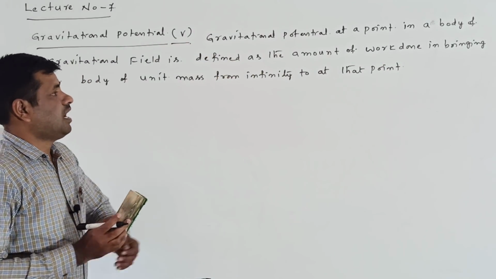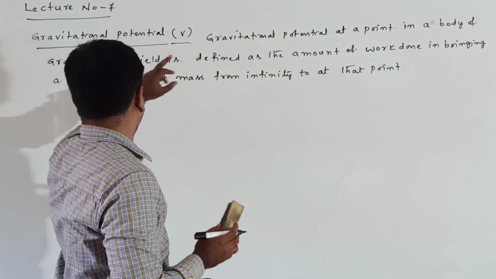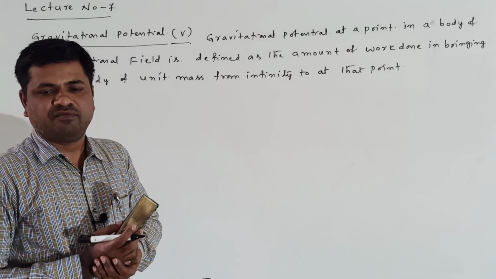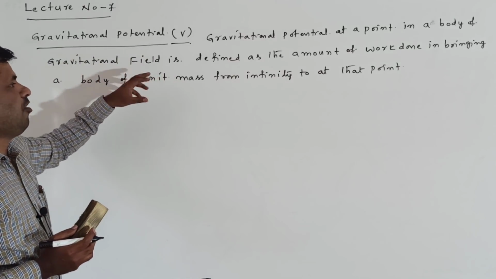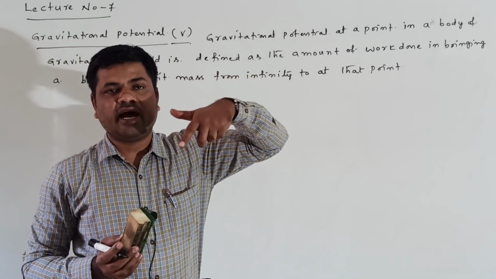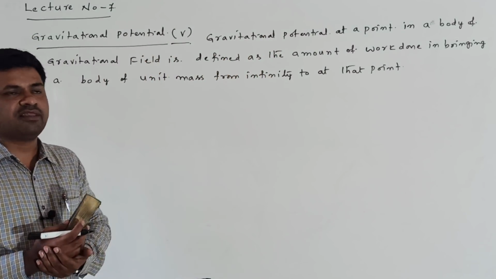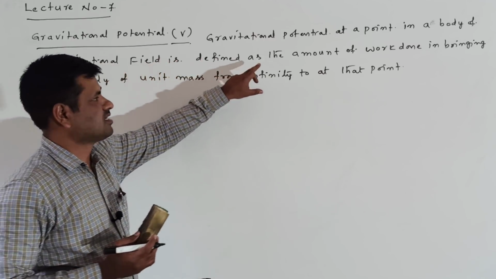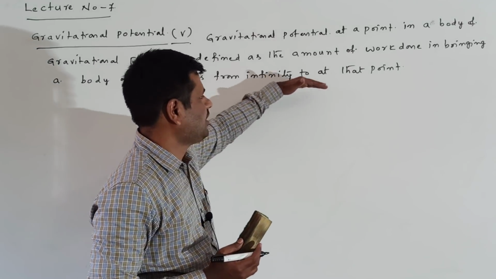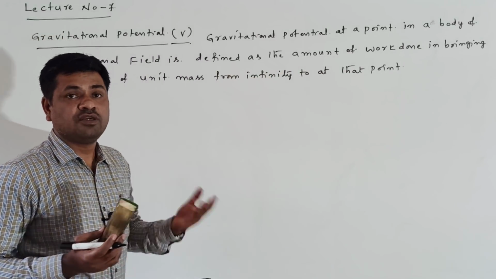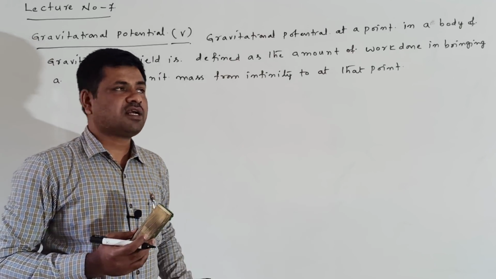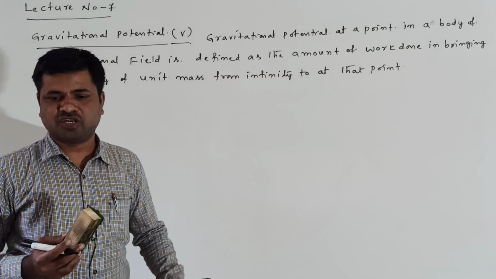You can write gravitational potential at a point in the gravitational field of a body, like this also. It is defined as the amount of work done in bringing a body of unit mass from infinity to that point. That is called the gravitational potential.